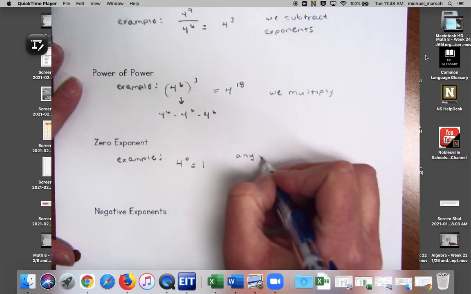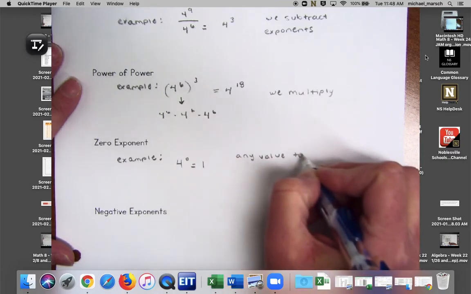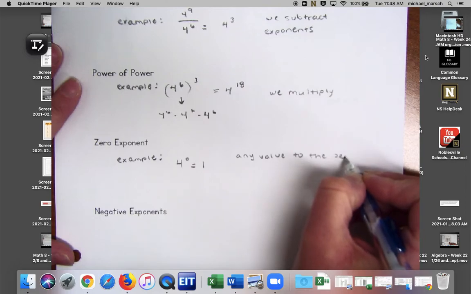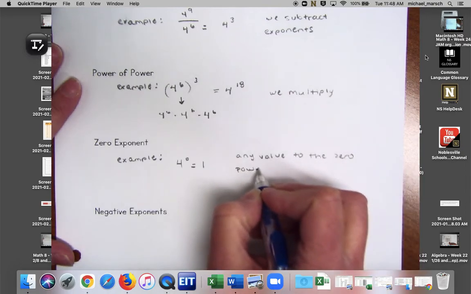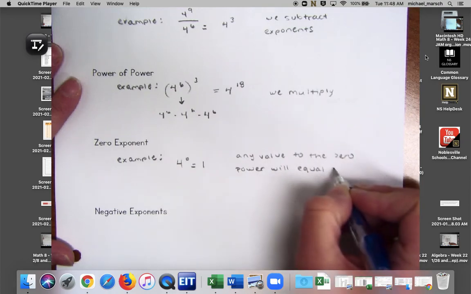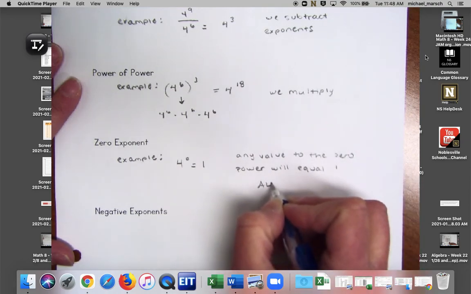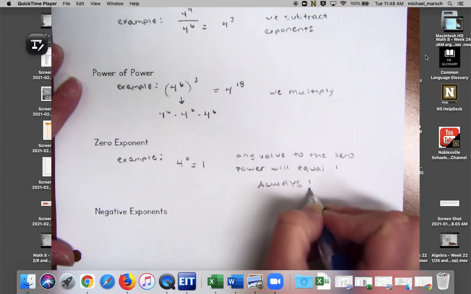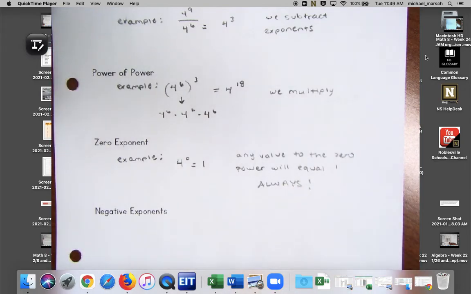Any value to the 0 power will equal 1. Always. No exceptions. You have that 0 power, always going to be 1. I'm going to prove to you guys, show you how that is. It's very easy to remember the rule, but it's kind of fun to know where the rule came from.